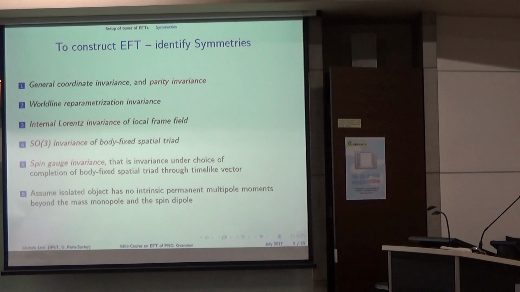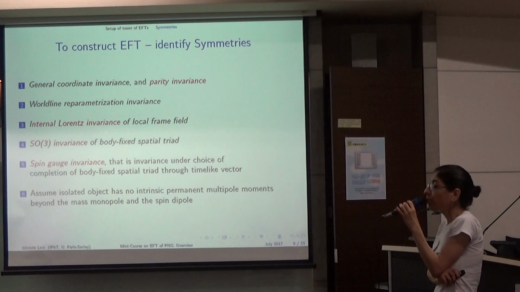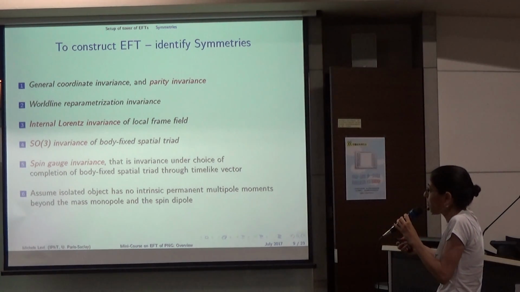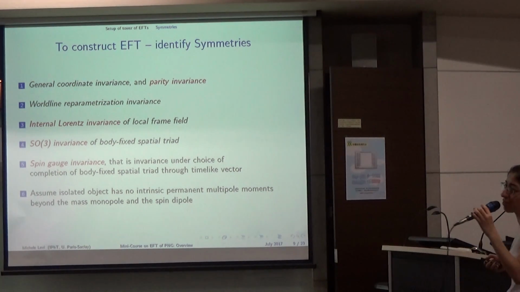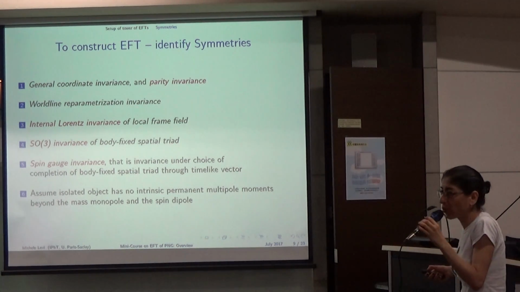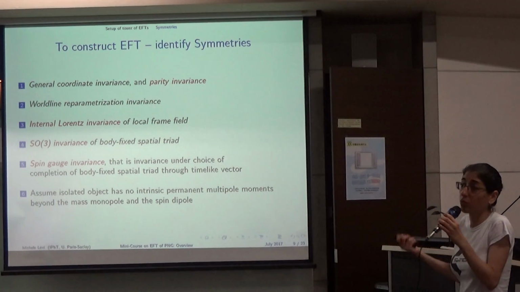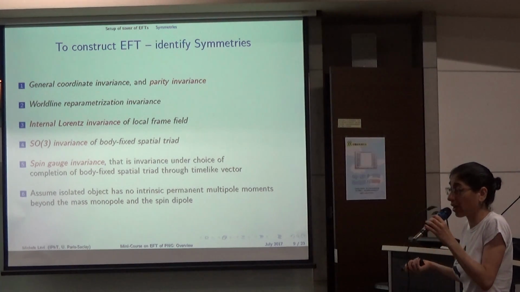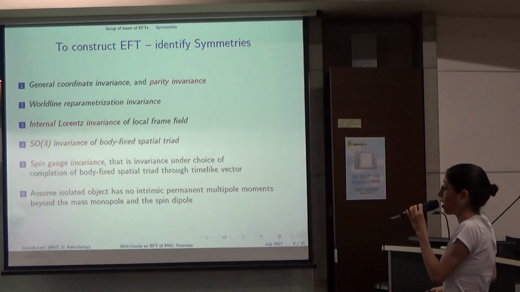Now, the second thing that we have to identify correctly is what the symmetries are. The most trivial thing, when you just consider a point mass, is that we have to have general covariance and reparameterization invariance. That's very simple. We have that in the point mass case. But if we want to say something new once we leave the point mass approximation, once we start considering spin, we have to think some more. We have to take other symmetries into account. And that's, again, what our work added with respect to all previous works.